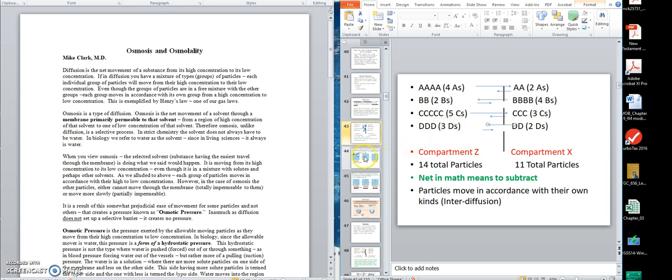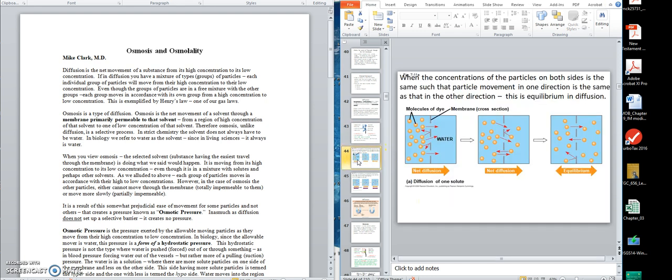All right, let's go a little further. When the concentration of the particles on both sides is the same, the particle movement in one direction is the same as the other. You've reached equilibrium in diffusion. Now, technically, once you reach equilibrium, the particles are moving equally in both directions. So when you reach equilibrium, technically diffusion has ceased.